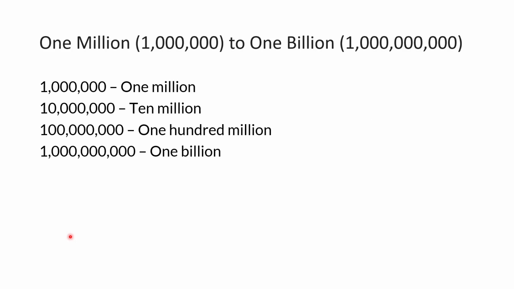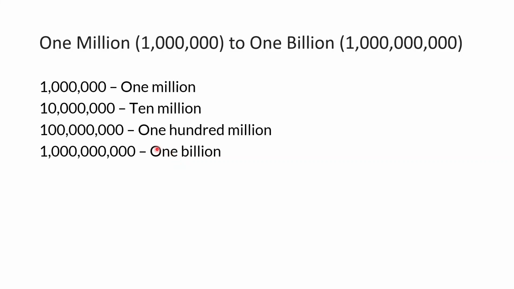Let's move on to 1 million to 1 billion. Let's cover these numbers now. So we have 1 million all the way up to 1 billion. So we've got 1 million, 10 million, 100 million, and 1 billion.